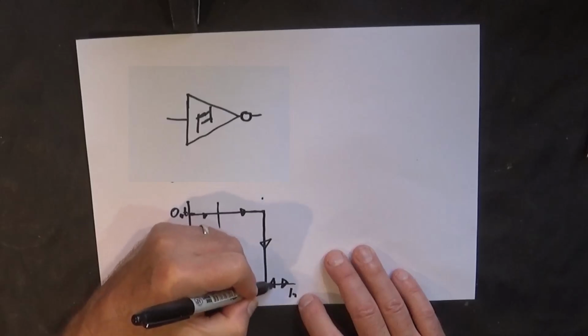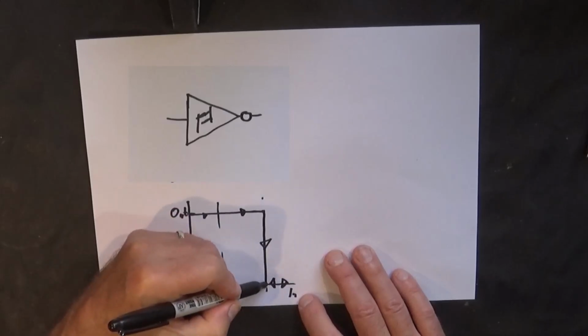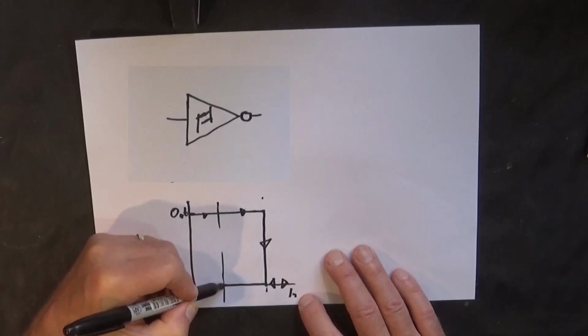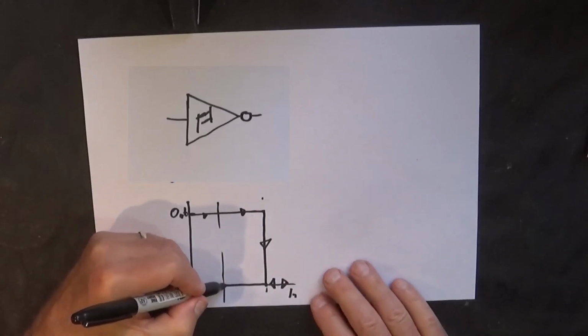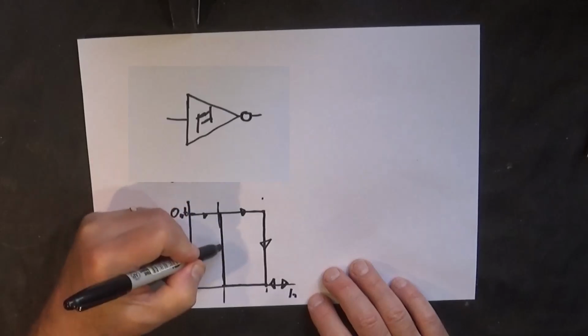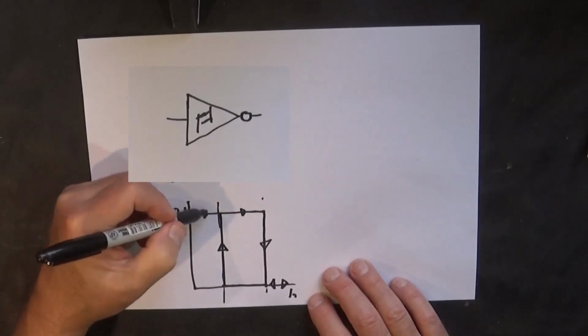And if we now reduce the input voltage, the output will stay 0 till we get to the lower threshold, in which case the output will go high again.